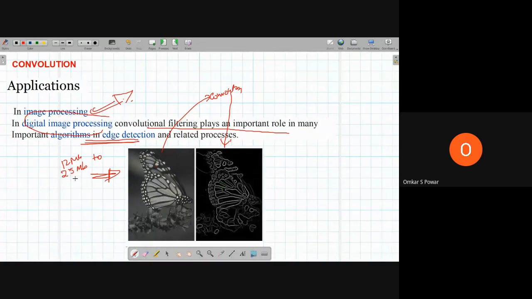But if you want to process this image for some particular application or you have to develop some model, then do you think processing many images of 12 MB or 25 MB will help you? No. You have to bring down the image by keeping the features as they are.